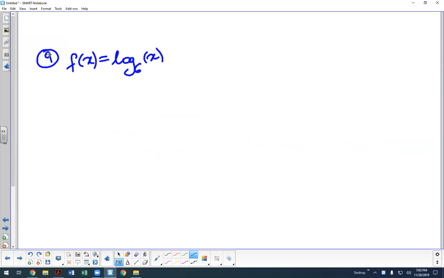Okay, so since this is a base 6 logarithm, its exponential function is going to be the base 6 exponential function. So base 6 on the log will be base 6 on the exponential function. The first thing we're going to do is create a table for the exponential function first.